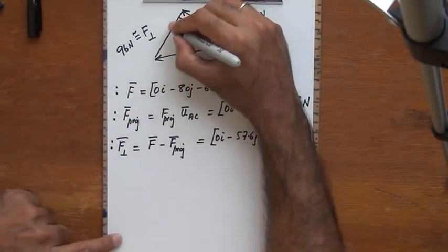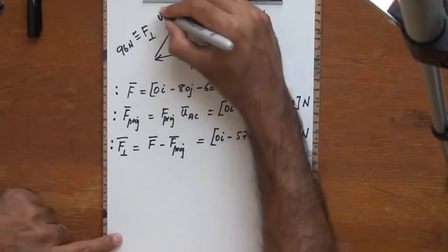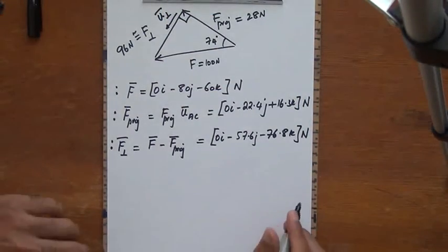And the last question is, how do I find U perpendicular? And the idea is fairly straightforward.